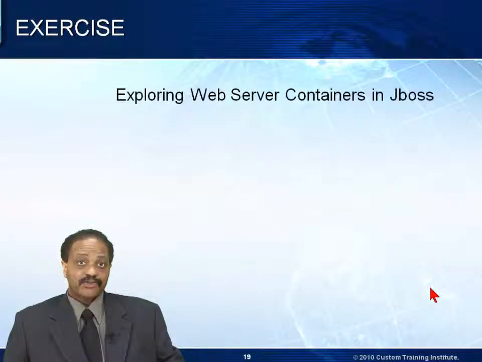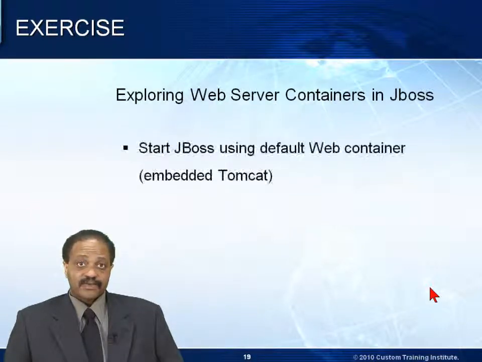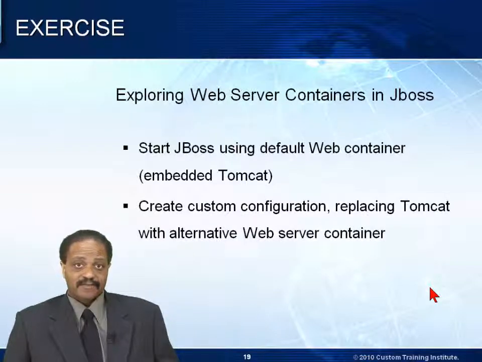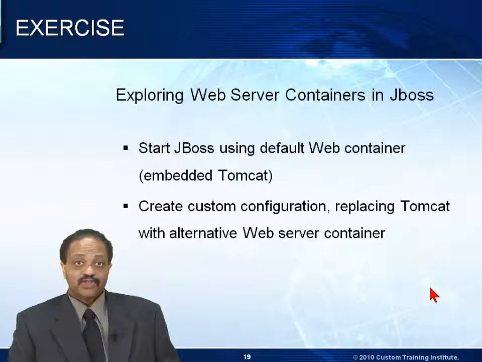Now, in part two, we want you to take a look at exploring web server containers in JBoss. Now, we said earlier that by default, your web server container was Tomcat. So we want you to go back and start JBoss up using the default web container, which was the embedded version of Tomcat. Then, what we want you to do is to create a custom configuration. And in the custom configuration, we want you to replace Tomcat with an alternative web server container.